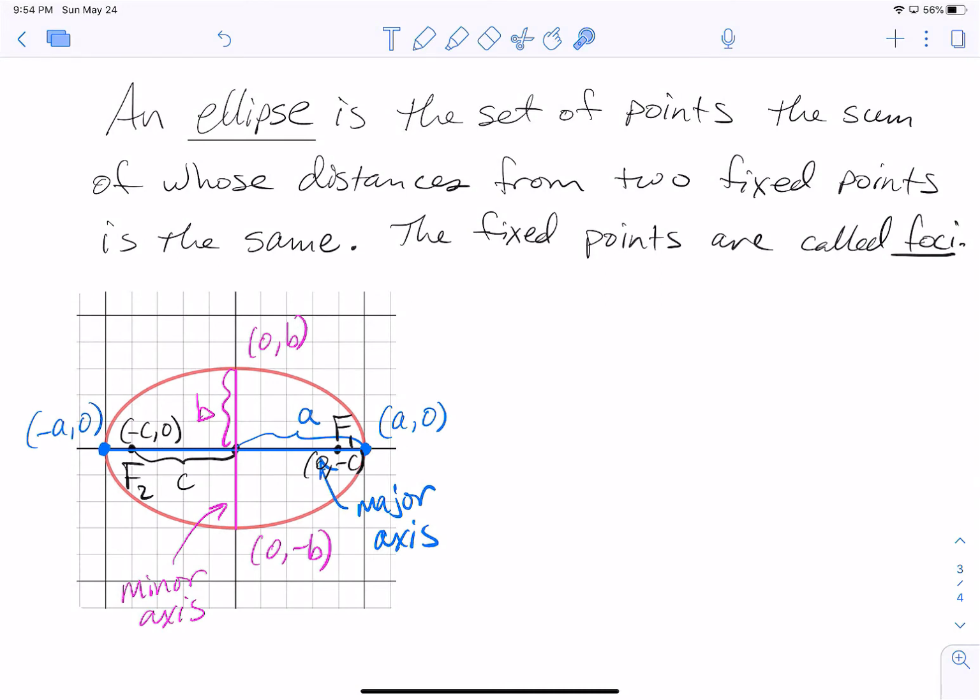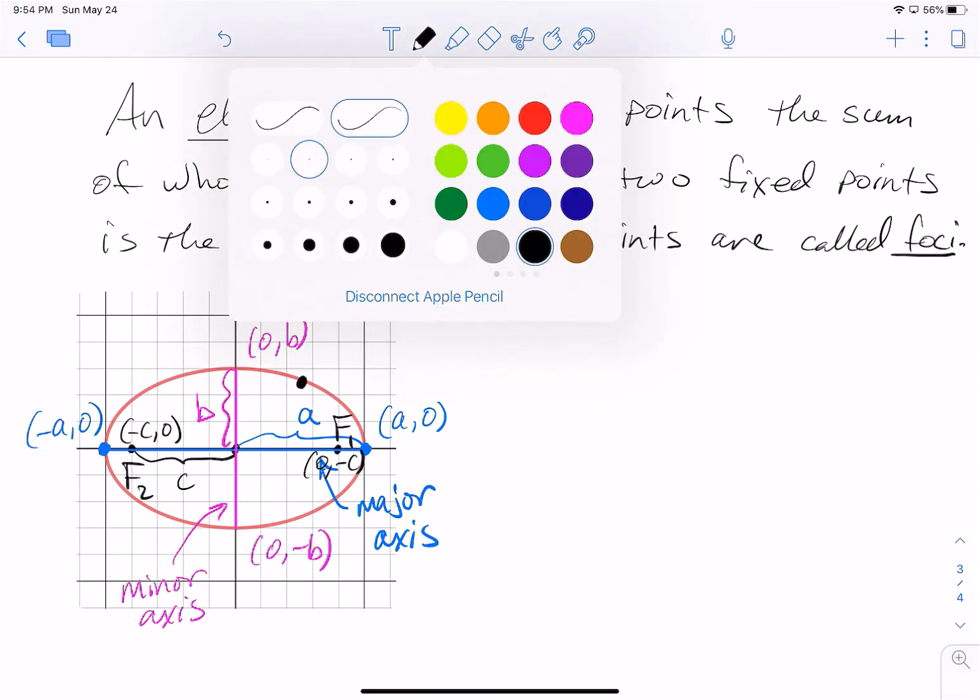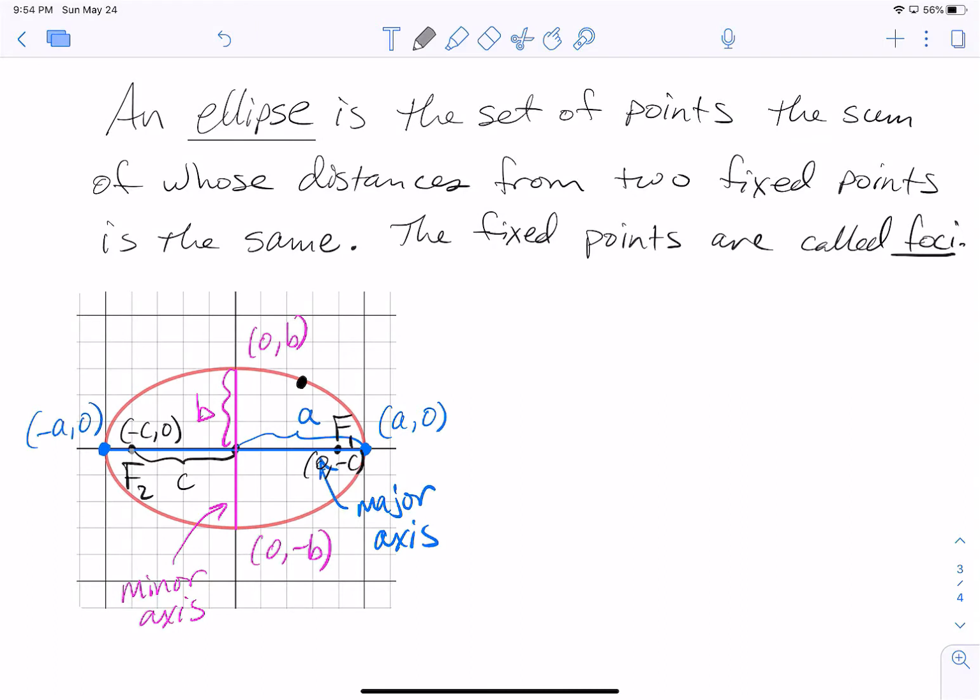Now, what this definition says is the set of points, the sum of whose distances from two fixed points are the same. So that means basically pick a point on the ellipse, don't care which one. Go straight from a focus to that point. Now go straight to the other focus. We will have traveled a certain distance.